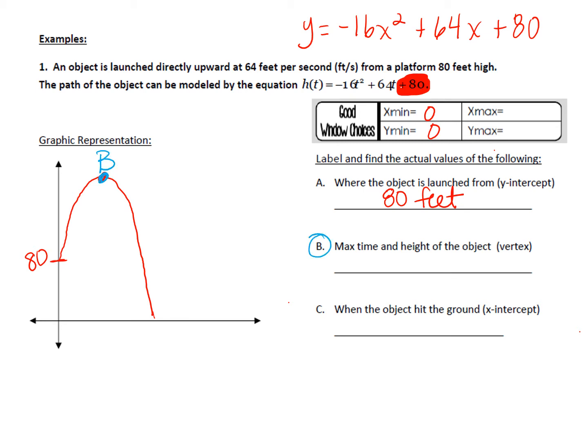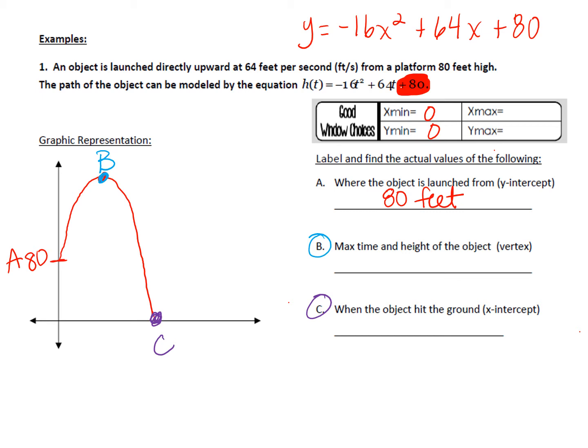I don't know the coordinates of that point at this time, but we'll just make a note of it on our graph. And then for letter C, it wants when the object hits the ground, our x-intercept. And so this point here would be our answer to letter C. So just making some notes there.